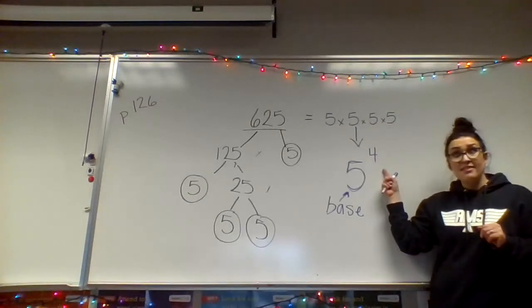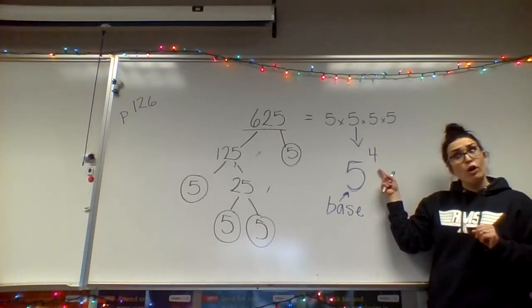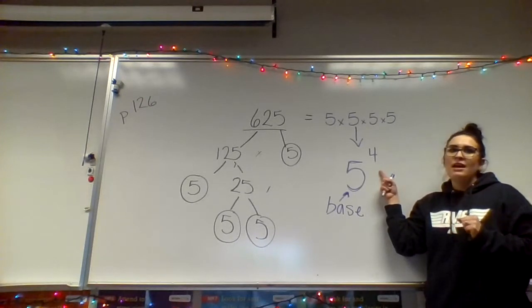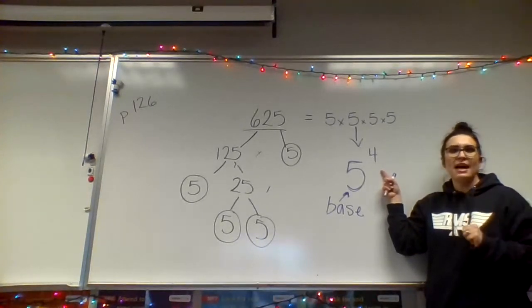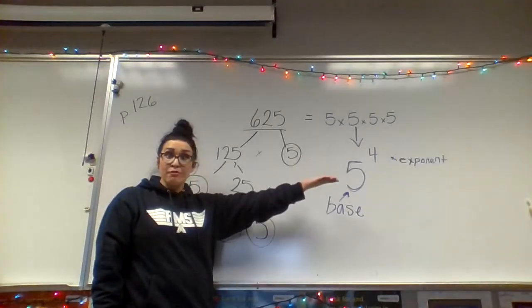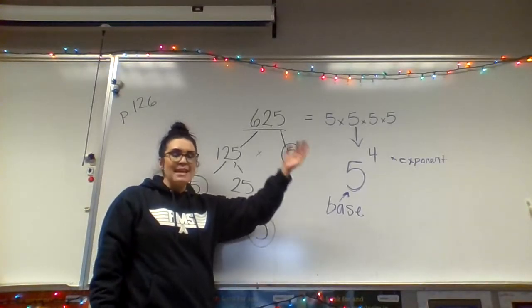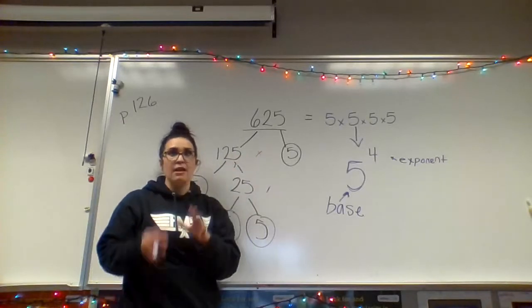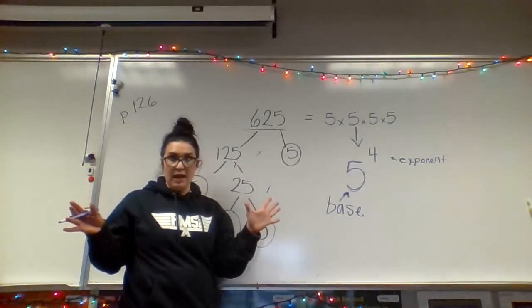Now you'll notice there's a little tiny 4 right here, my friends, and that beautiful 4 is our exponent. What that exponent tells you is how many times I am multiplying 5 by itself, okay?